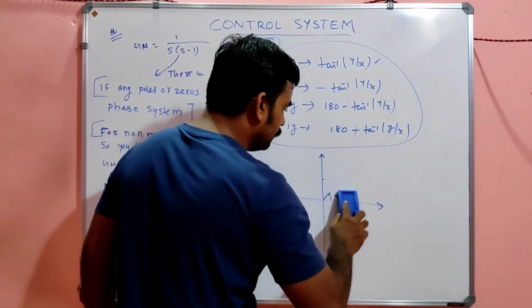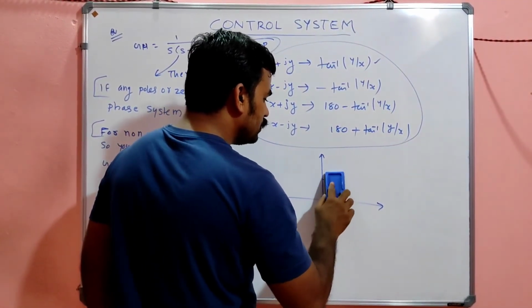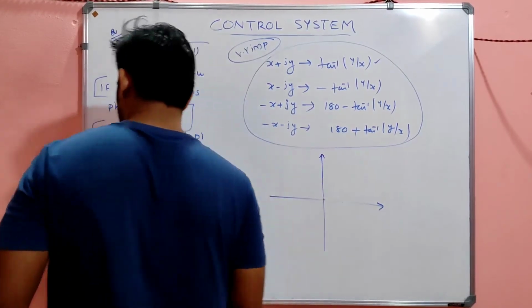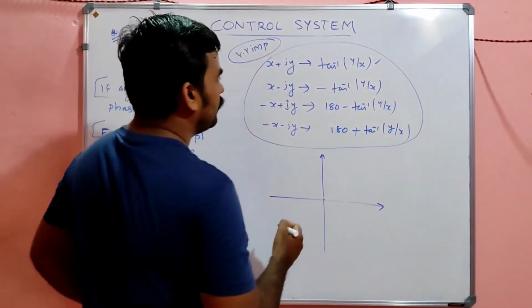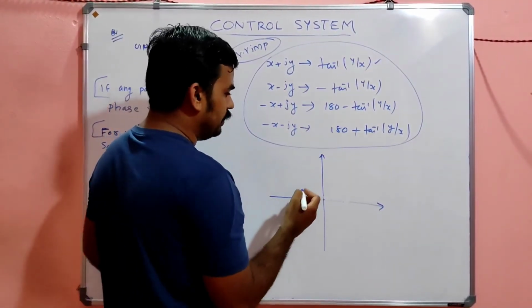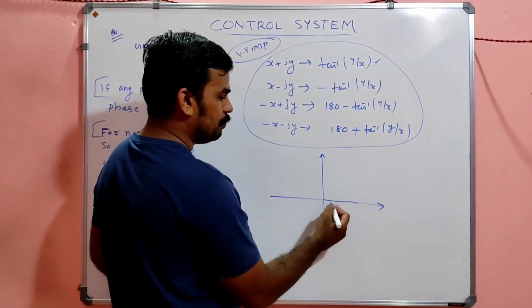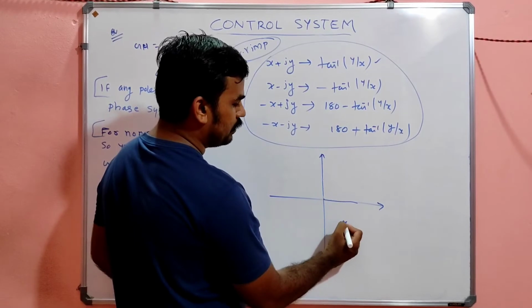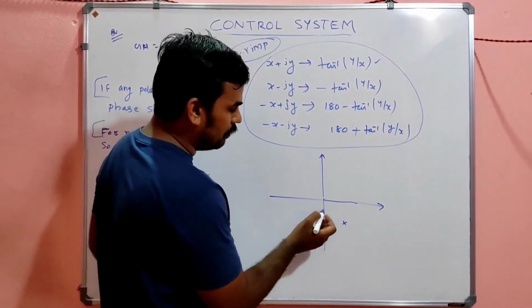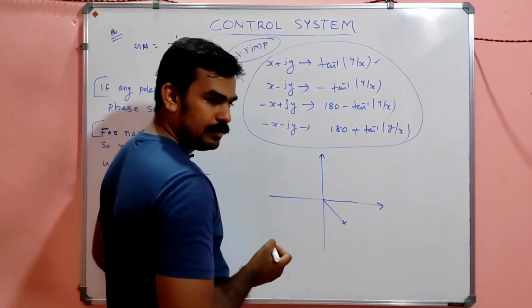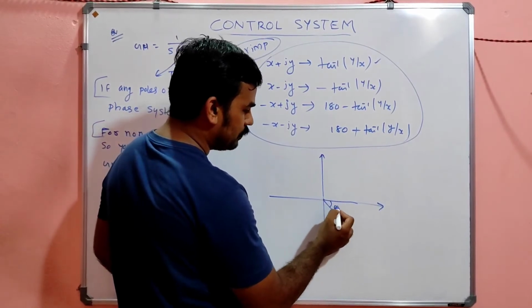So you don't need to memorize this by heart. Next case: x minus jy, my dear. Where does it come? Positive x, and minus jy comes here, so the point will be somewhere here, and the angle will be this one.